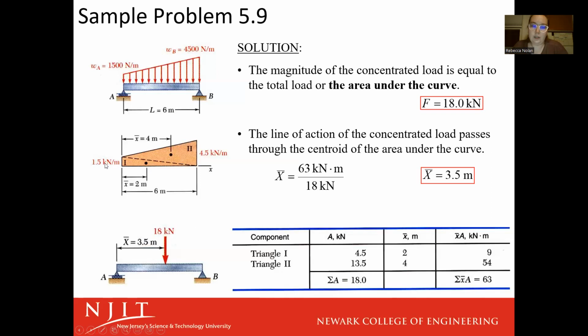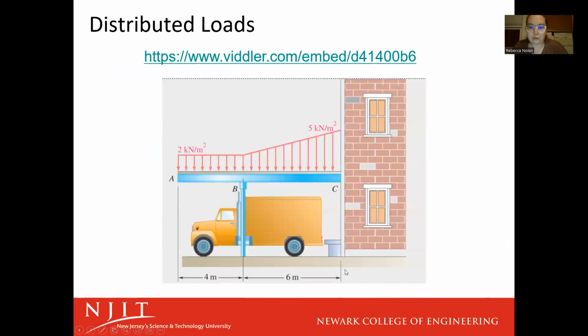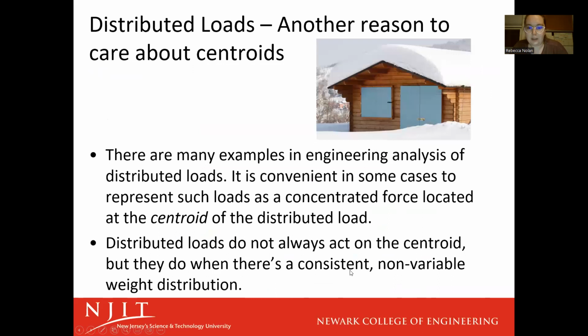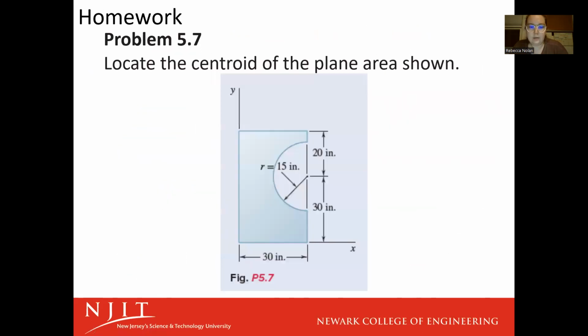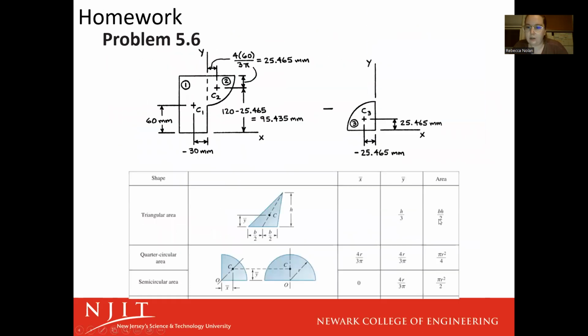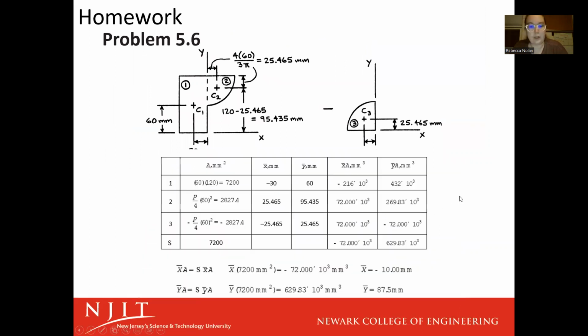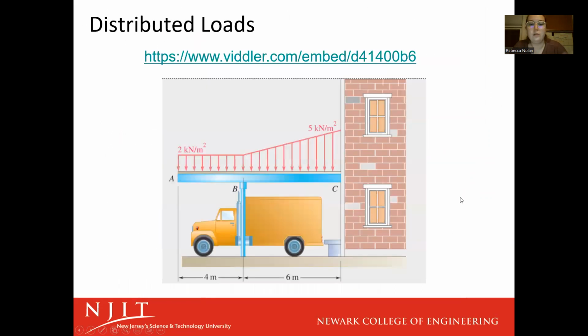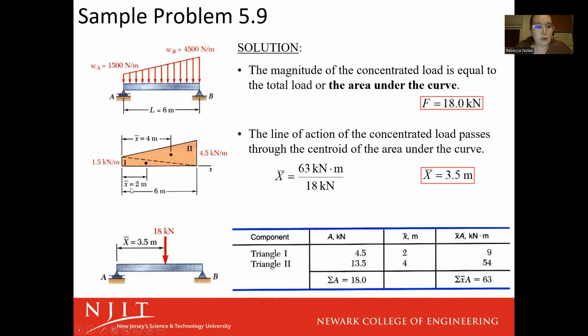The area is going to be 1/2 base times height, and our centroids are h/3, or whatever relative length you're looking at. So 1.5 times 6 divided by 2 is going to get you your area for that one.